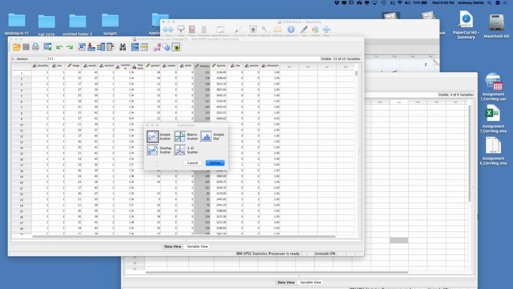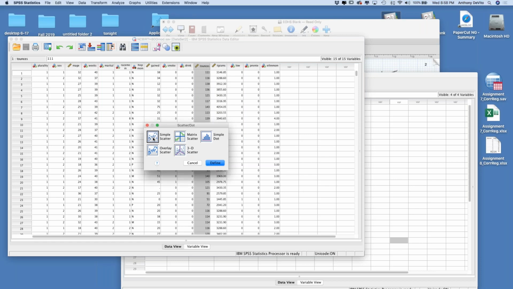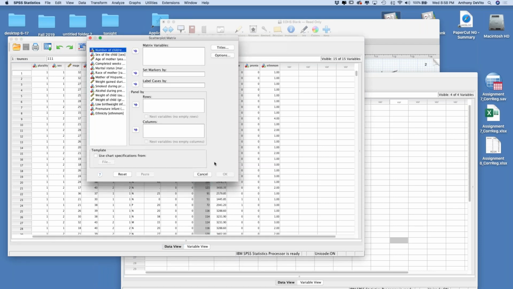Okay, so let's take a look at this simple scatter plot. I'm going to click simple scatter plot. Now, just so you know, let me click into matrix scatter here. Define. What you can do here is view a lot of variables at the same time.